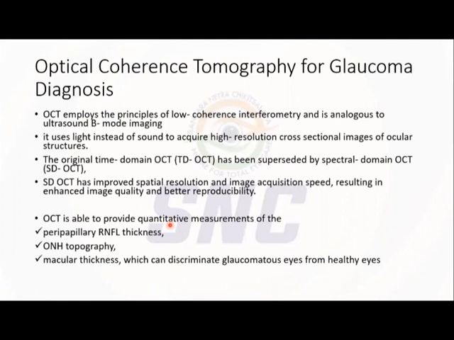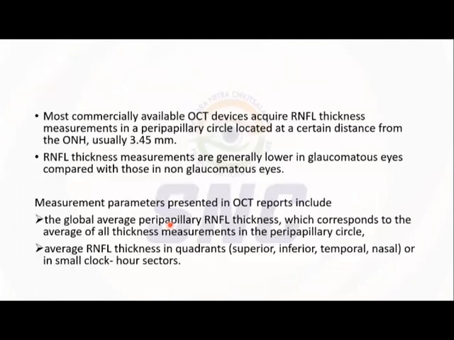The SD-OCT has improved spatial resolution and image acquisition speed, resulting in enhanced image quality and better reproducibility. The OCT is able to provide quantitative measurements of the peripapillary retinal nerve fiber layer thickness, optic nerve head topography, and macular thickness, which can discriminate glaucomatous eyes from healthy ones.